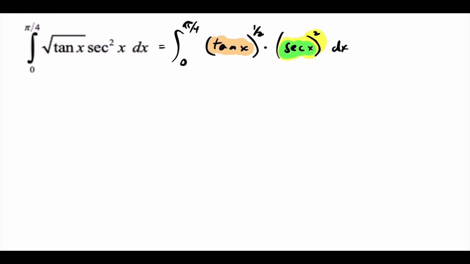Here's how you decide. If I were to use tangent as u, what's the first step I would do? Derivative, right? Is the derivative of tangent also in there?